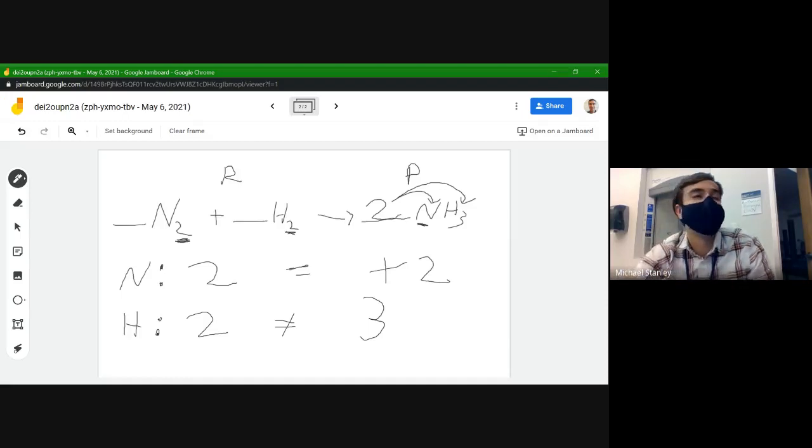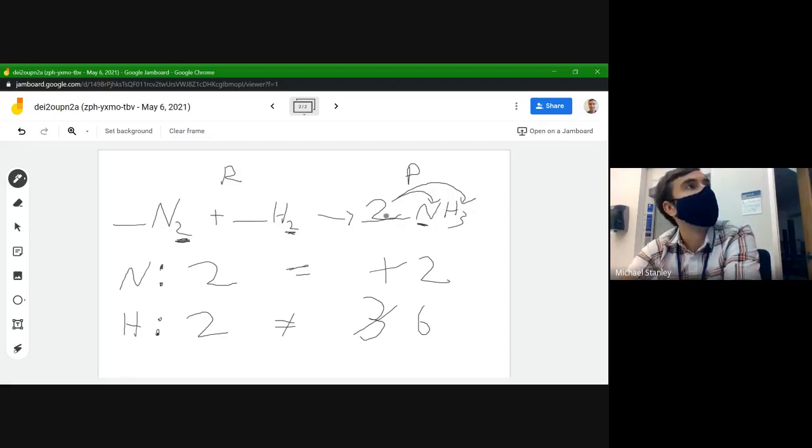Multiply, bingo, he remembers. So 2 times 3 is going to give us 6. So when we put a 2 in here, we're doubling the number of nitrogens and we're doubling the amount of hydrogens. So we have 2 nitrogens where we had 1 before. And then we have 2 times 3 gives us 6 hydrogens over here on the product side.